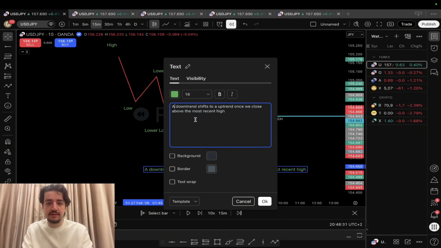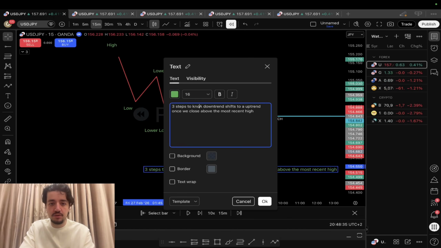We're gonna write it like this. 3 steps to know that the downtrend shifted to an uptrend. Number 1, once we close above the most recent high.